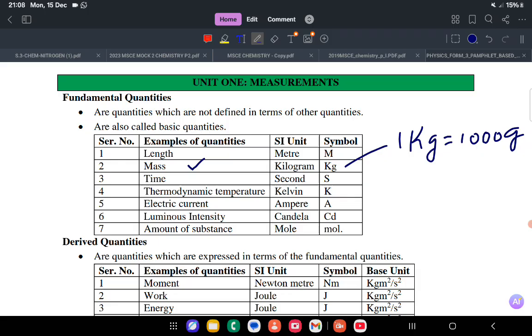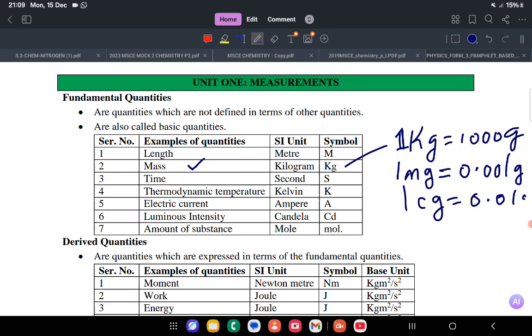Other units include milligrams. 1 milligram, for example, is the same as 0.001 grams. 1 centigram is the same as 0.01 gram, and so on.